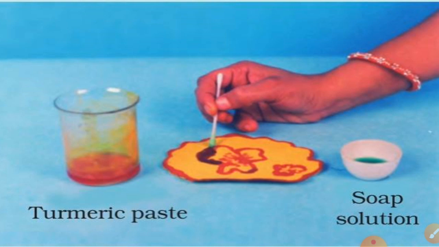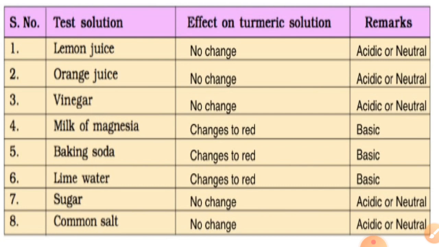So we can see the turmeric paper turned reddish brown in basic solution and remains yellow in neutral or acidic solution. It means when it turns reddish brown, the substance is basic, and when it remains yellow, maybe it's neutral or maybe it's acidic.